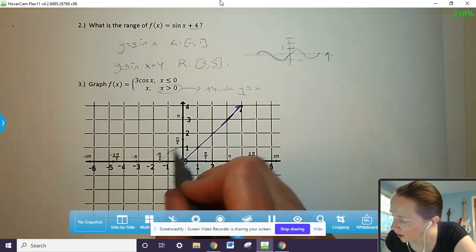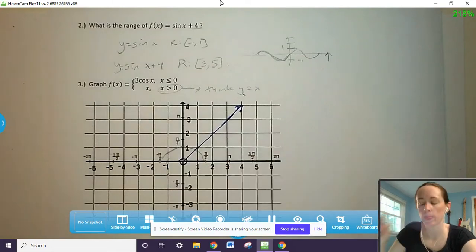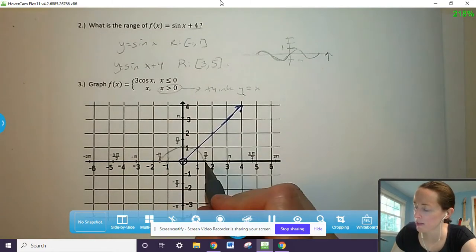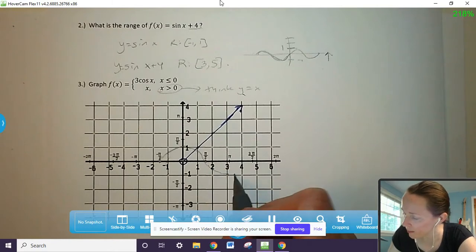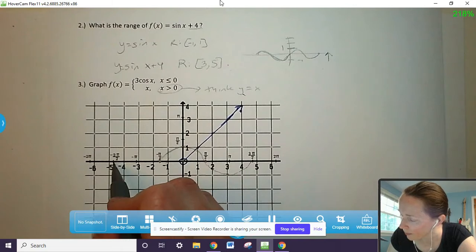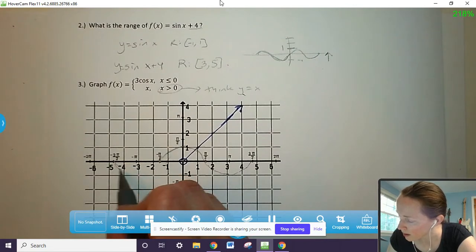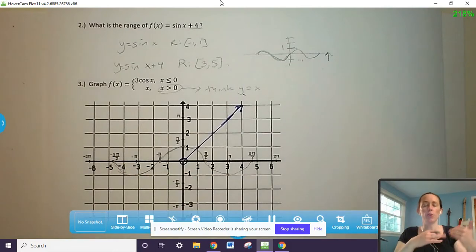So when you go to graph cosine, you want to make sure that your max is at 0, 1, and you're going to hit an intercept at the next quadrant angle, a min at the next quadrant angle, and so on. And I'm graphing more of this graph than I need to, but I'm doing that on purpose because it's easier for me to just graph the whole thing and then just erase the part that I don't want.